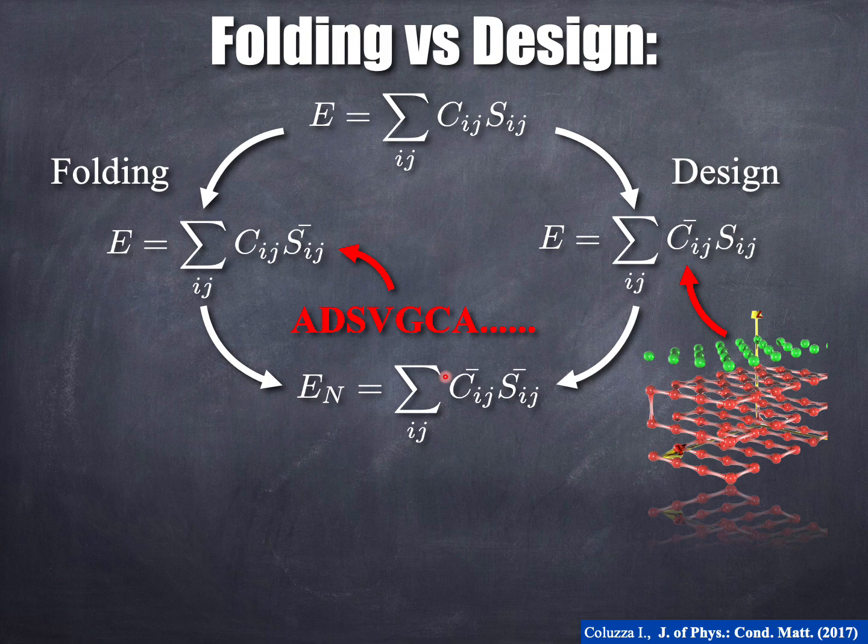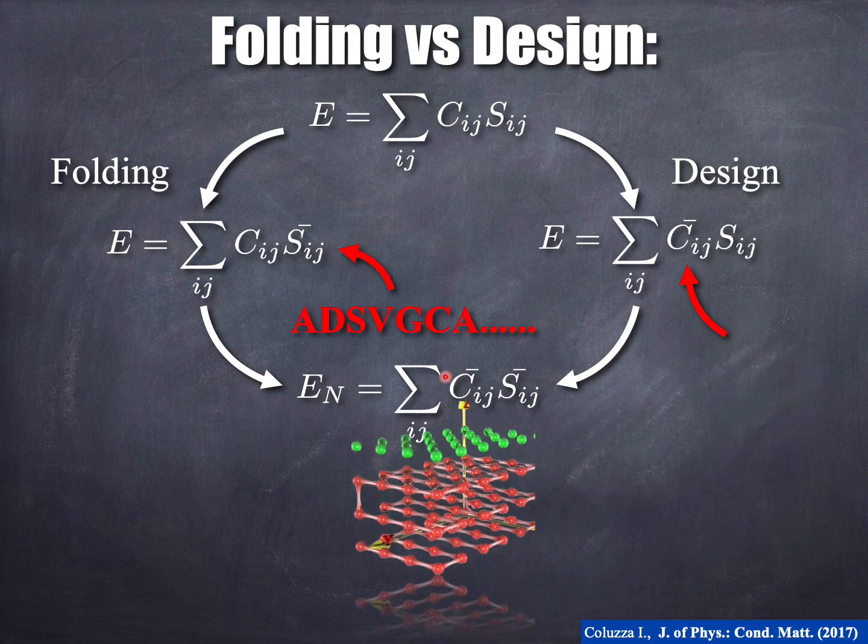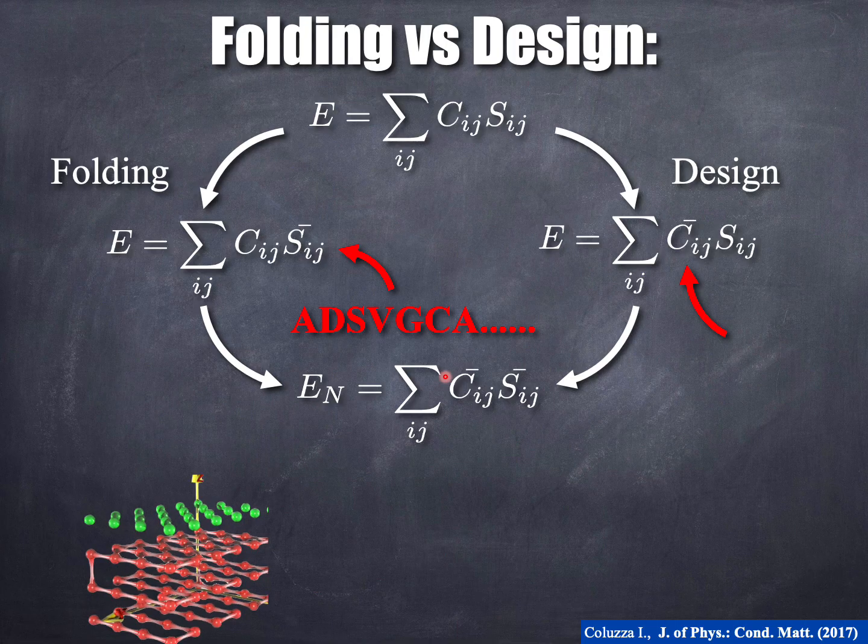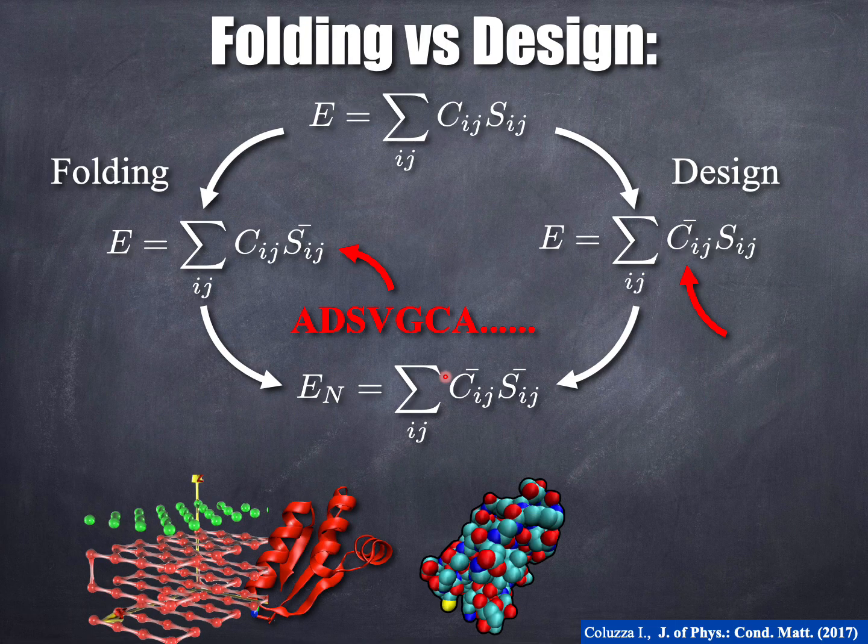Also, the theory is independent of the particular model used to represent the protein, because there is no prescription on how this structural matrix is defined, or in the mean field approximation that I showed you before. By definition of the mean field, there is no information about the topology of the protein.